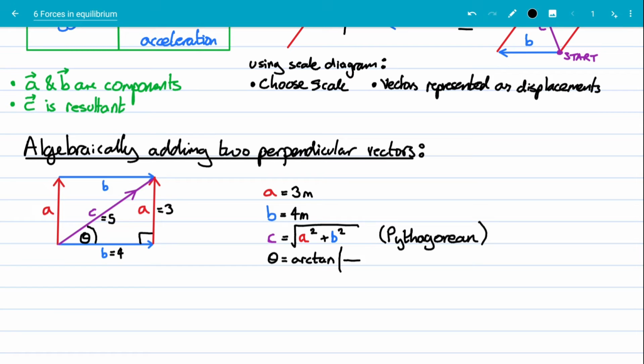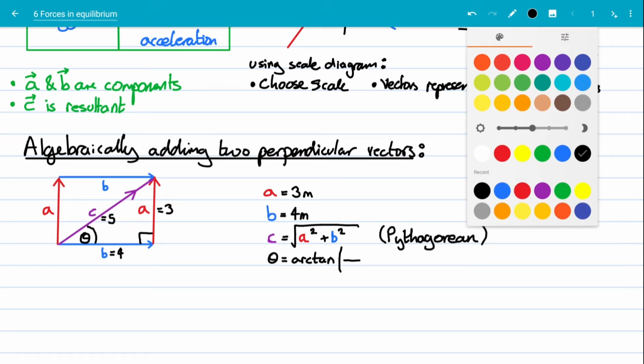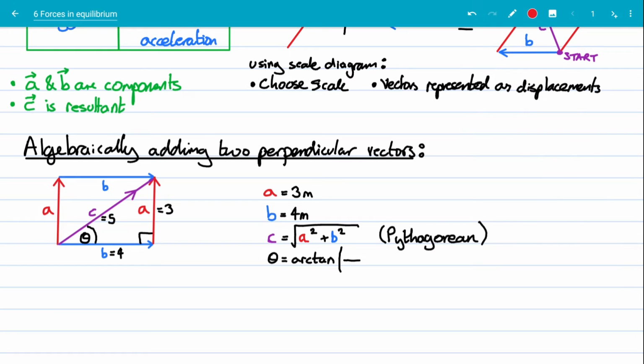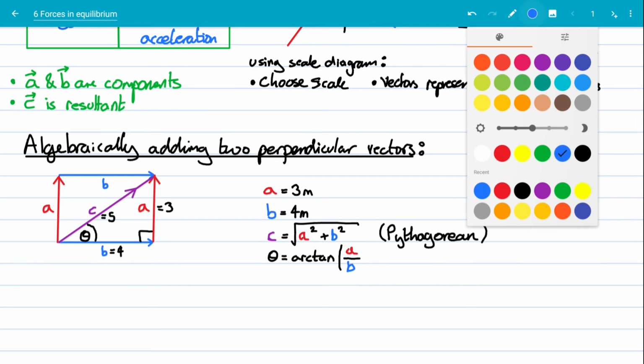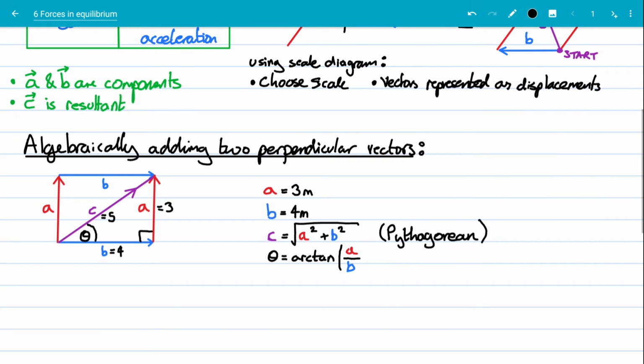And so the angle is going to be the arctan of the opposite over the adjacent. So that's going to be the opposite, which is, in this case, A, and the adjacent is going to be, in this case, B.